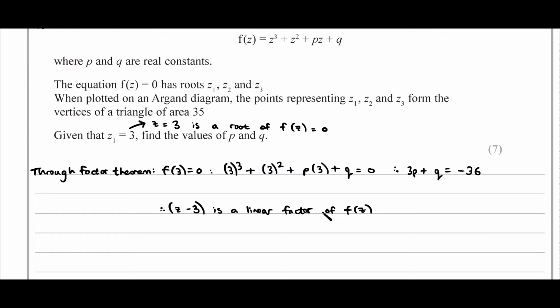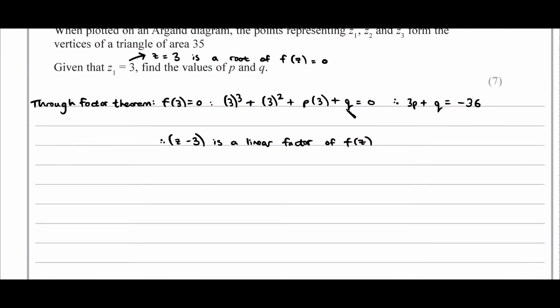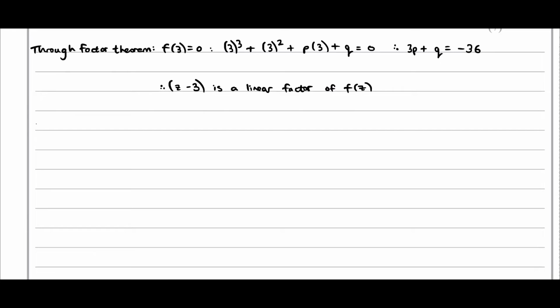Okay, now you may know from your regular A-level maths that a linear factor multiplied by a quadratic factor gives a cubic. So therefore we can factorize f of z as the product of a linear factor and a quadratic factor.